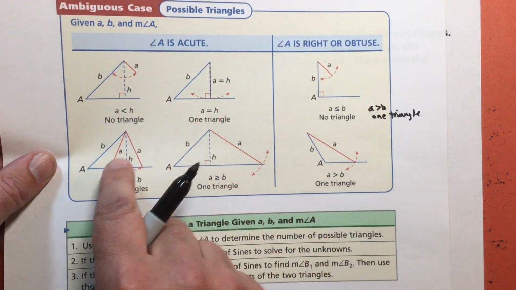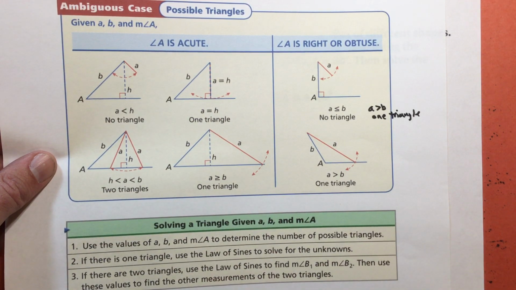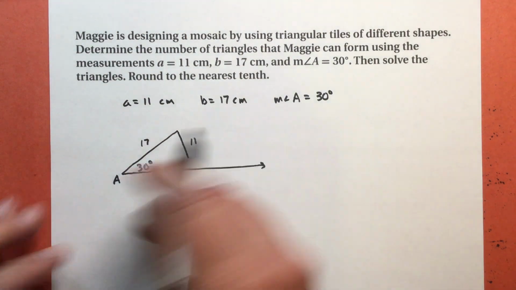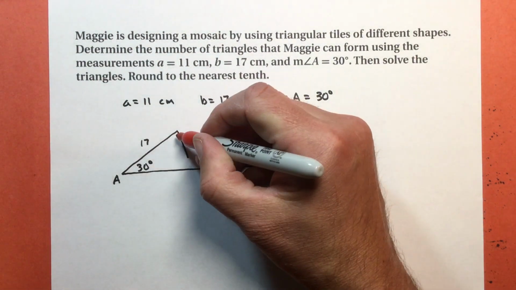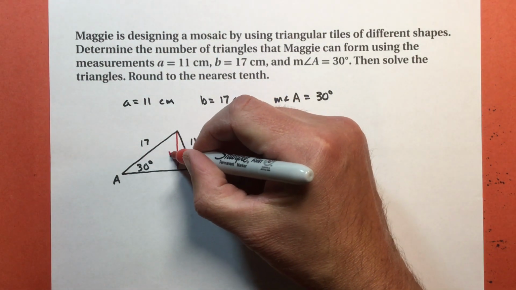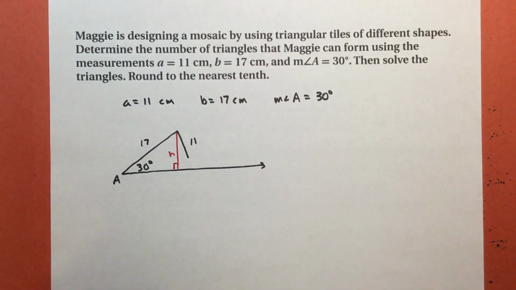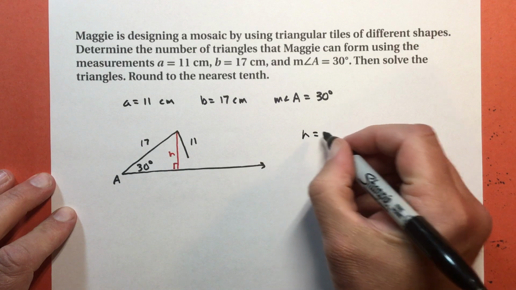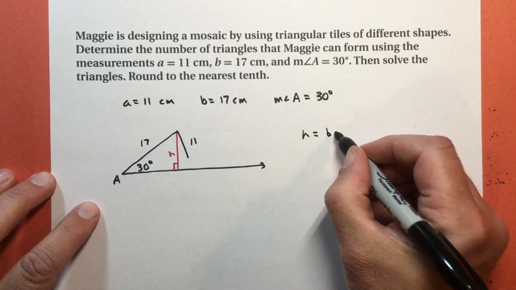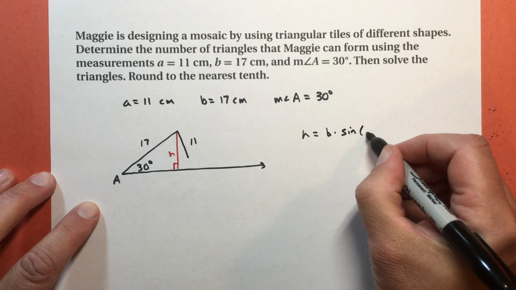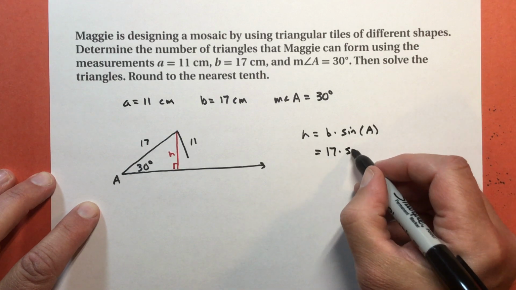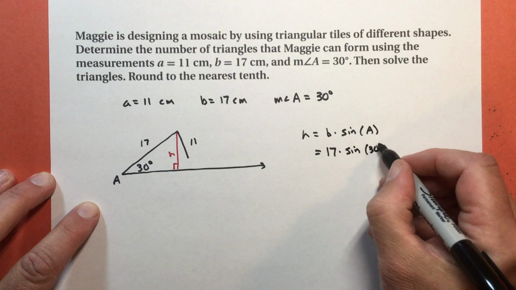Now I need to figure out which one of these three is going to work. And what I need to know, I need to find H, the height of this. Again, I'll draw it in red. The height is going to be B times the sine of angle A, which is going to be 17 times the sine of 30 degrees.